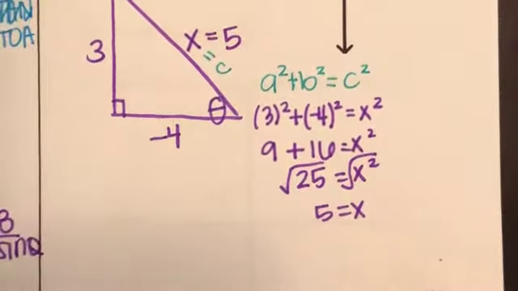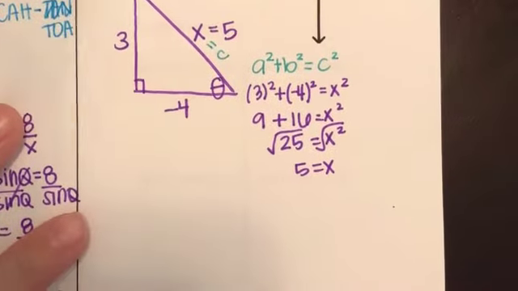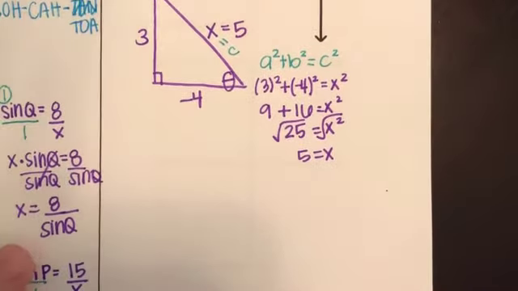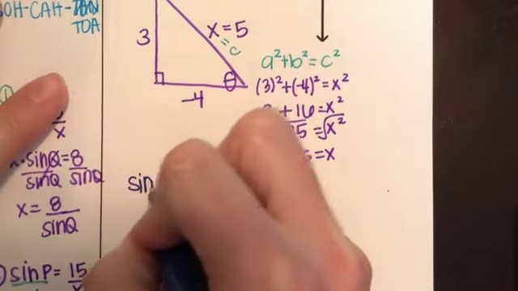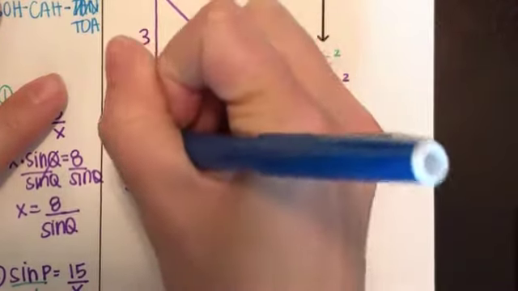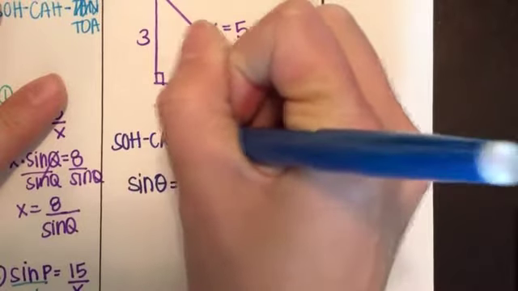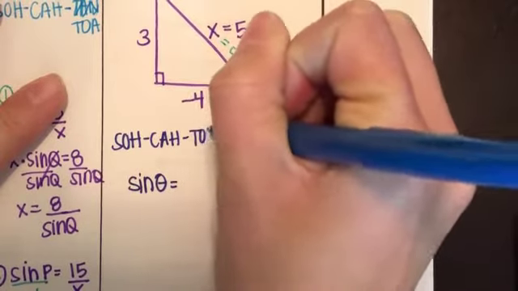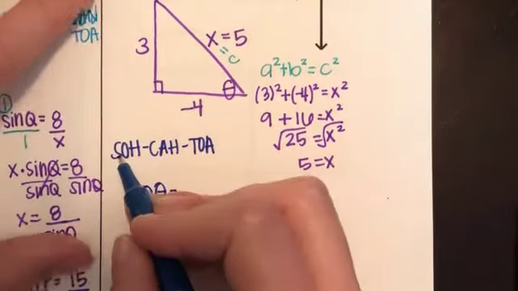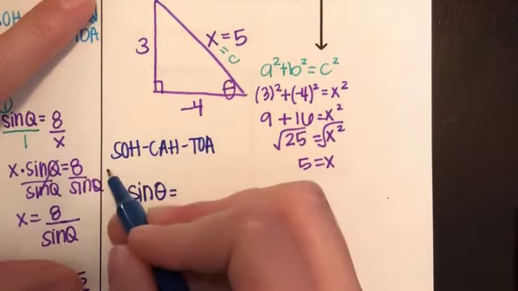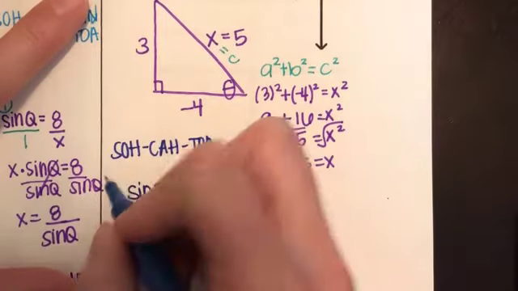All right, so now we are going to evaluate all of the 6 trig functions. So we have sine of theta. Again, I'm going to write down SOHCAHTOA. Okay, and then I taught you guys that you match up the first 3 with the second 3.